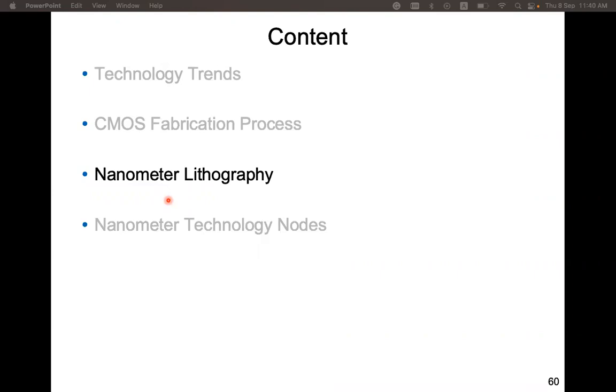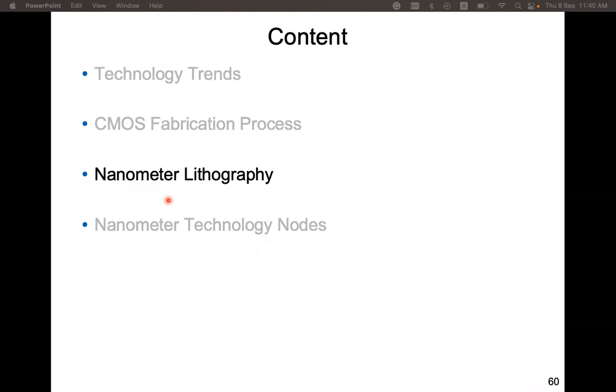So the pattern we need to define on the silicon is very fine, very small. And the technology we use to define a pattern is this photolithography technology. Basically, we need a light source to project the image on the mask onto the photoresist.